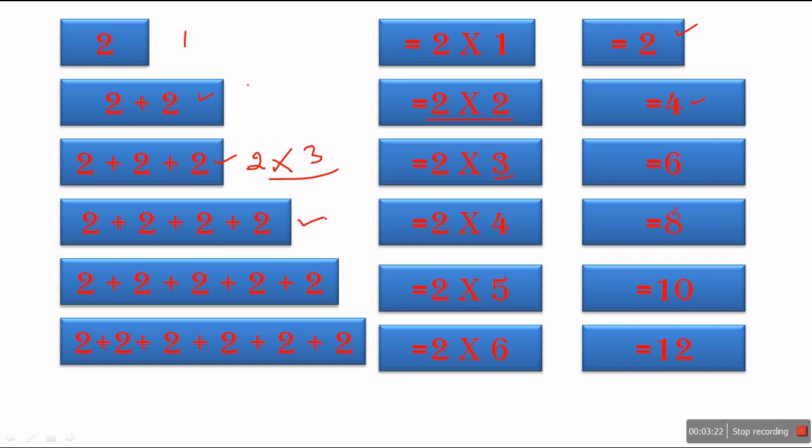In this case 2 is added 4 times, then 5 times, then 6 times. So you can see this is the same thing. It clearly explains that addition and multiplication are related, and multiplication is nothing but repeated addition.